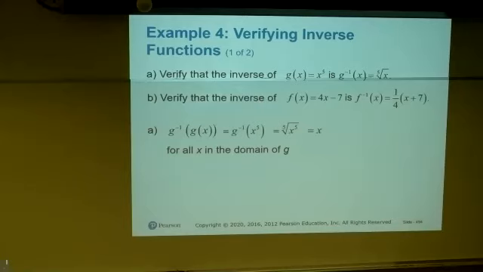Now, letter B. The first half is doing g inverse of g, and now we're going to do g of g inverse. Since g inverse is the 5th root, we're going to do g of the 5th root of x, and g is to the 5th power. So we take the 5th root of x and raise it to the 5th power, which just gives us x.